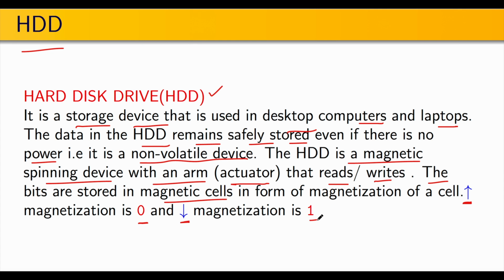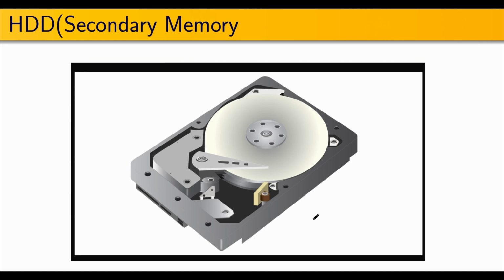So that is how information is stored in a hard disk drive. So this is my hard disk drive. This is my actuator. This is the part that reads and writes information on this spinning disk. This is the disk that is spinning.